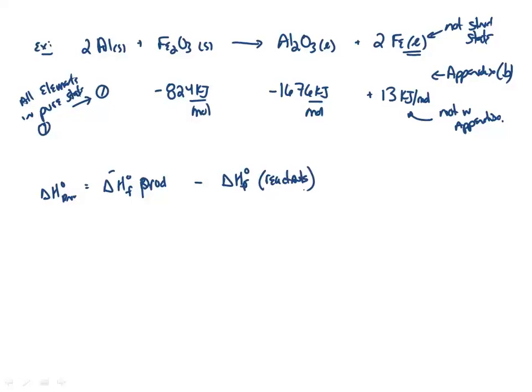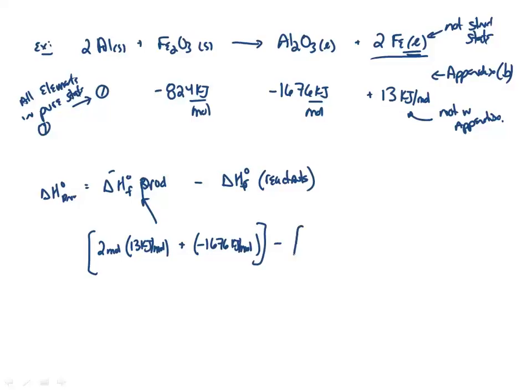And so, for instance, I have 2 iron liquids, so I need to take 2 moles times 13 kilojoules per mole, plus a minus 1676 kilojoules per mole, because there's 1 mole of aluminum oxide. So there's my products.